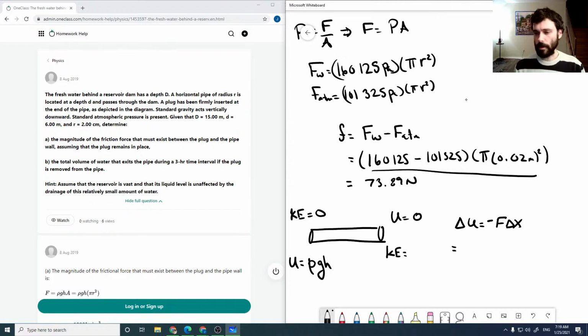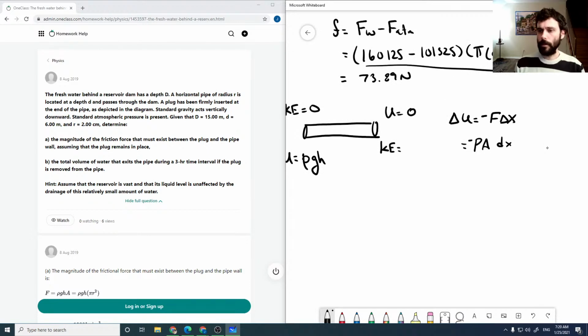Oh, right, it's just the friction essentially, but the negative of it, so it should just be 73.89 newtons. Oh wait, alright, I shouldn't go off script too much here. So it's just F delta x, and our force is just our pressure times our area, dx. Oh, right, now I see. Okay.